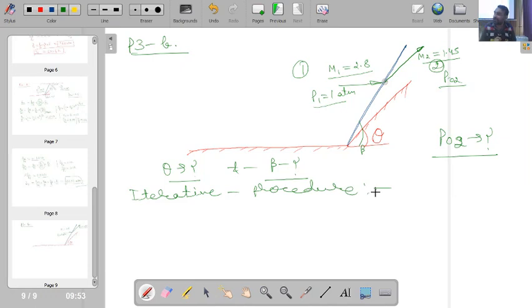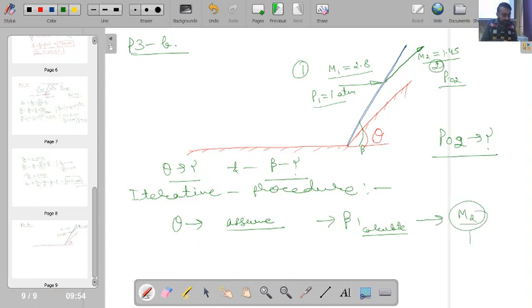How I will do iteration? First I will assume a value of theta, and corresponding to this theta I have Mach number M1. I will calculate the value of beta, and then for this beta I will try to find out the value of downstream Mach number M2, and then I will check how far it is from 1.45.